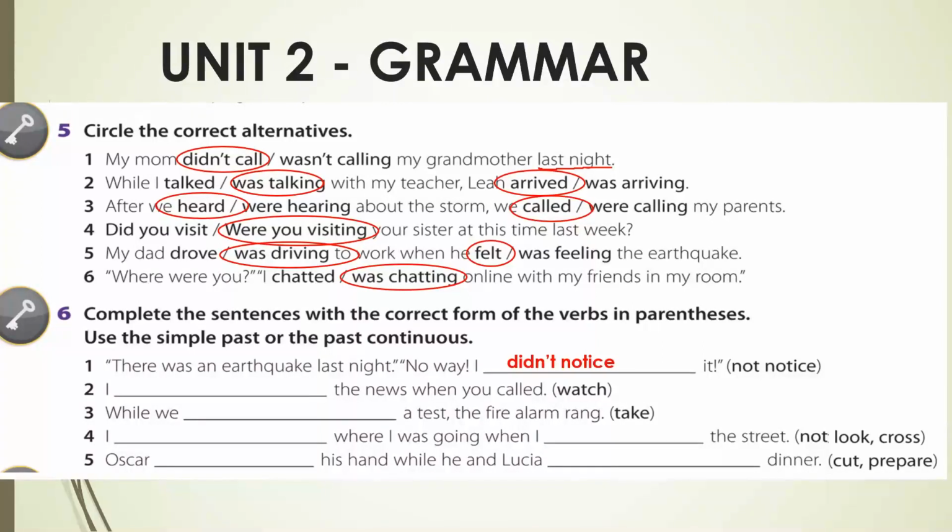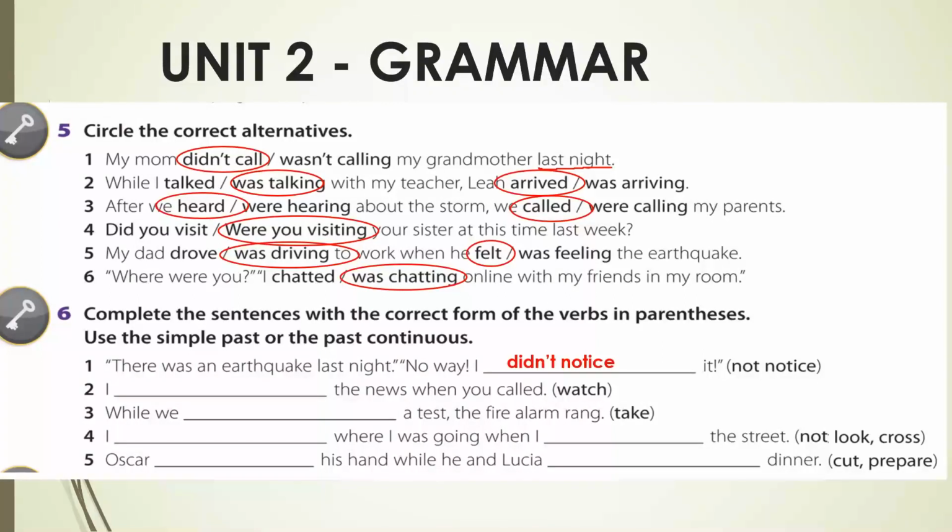I can do a short form, didn't in this case, or I can use a long form, did not, separated. But the only thing that I cannot do is to add d or ed at the end of the verb, because I've already said that did not is my past, okay? So I cannot say I didn't noticed, it would be incorrect.